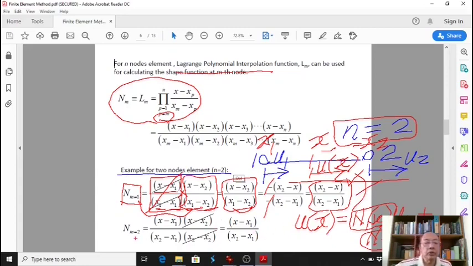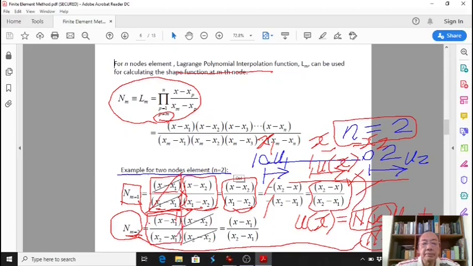So now we proceed to n2. Okay, so n2 is here. We start again and use this formula, x minus xp, so x minus x1 per xm. Now m is 2, so x2 minus x1. This is the first term when p equals 1, and multiplied because of pi.